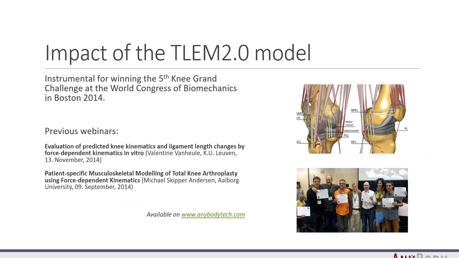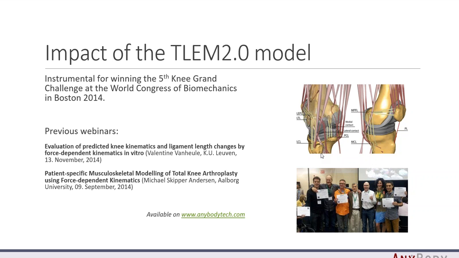First of all, Vincenzo mentioned this as well, I would say that the impact of this new TLEM 2.0 dataset has been really instrumental in the effort to win the 5th Knee Grand Challenge at the World Congress of Biomechanics last year. In that case, they replaced the simple knee joint that is in the TLEM model with a much more advanced knee joint.